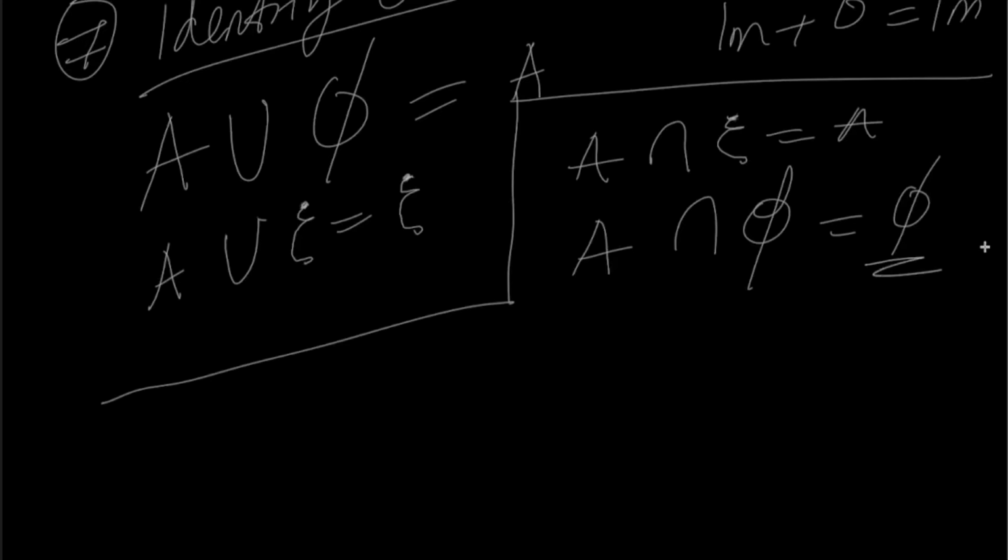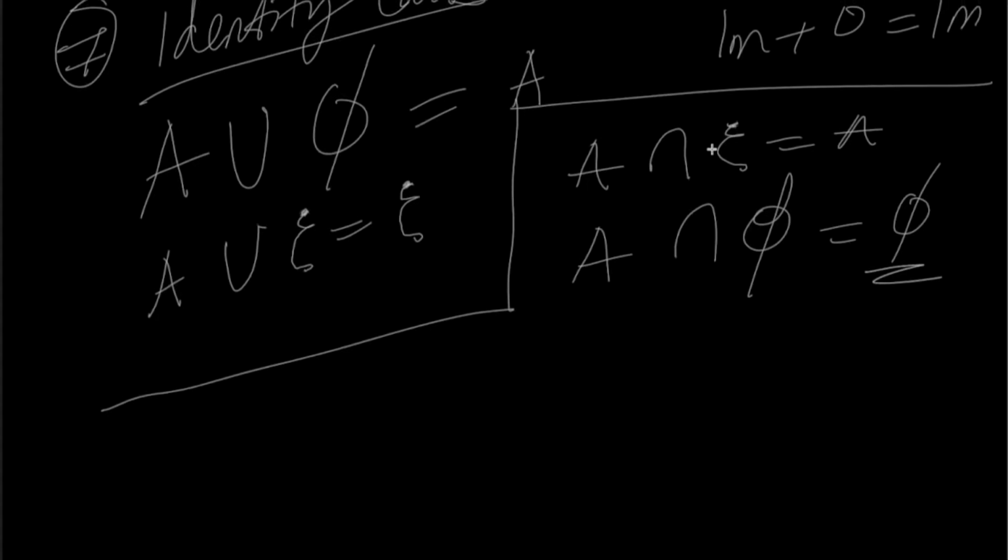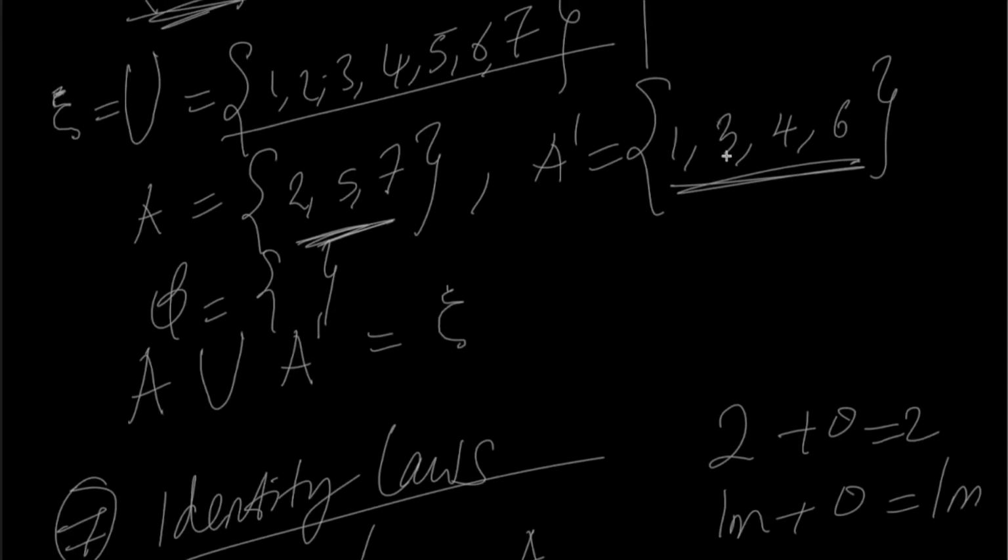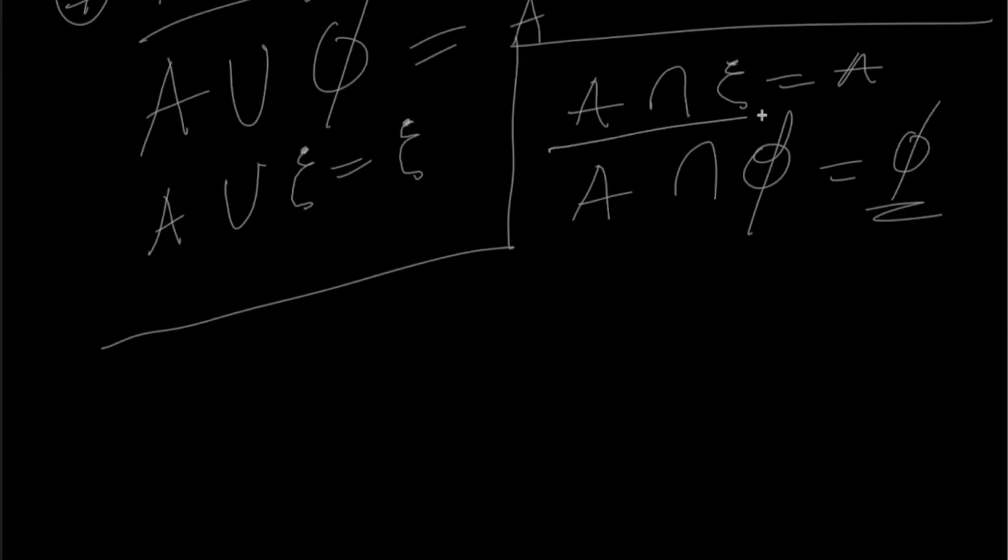That is the meaning of this. The same thing for this one. The intersect of A and universal set, you agree with me, is what is in universal set that is also in A. Of course, at the end of the day, everything is A. Everything in A is what you will find when you want to intersect between A and the universal set. This is called what? The identity laws.